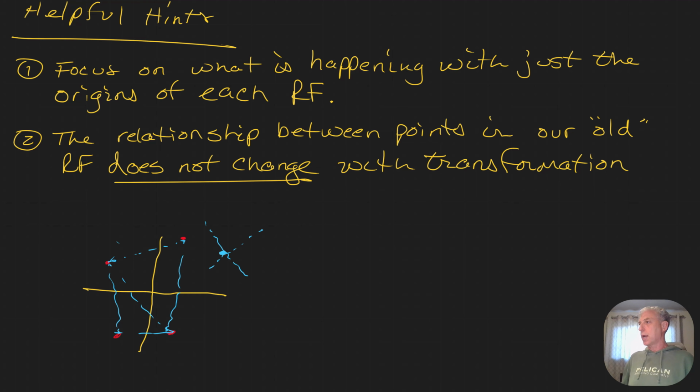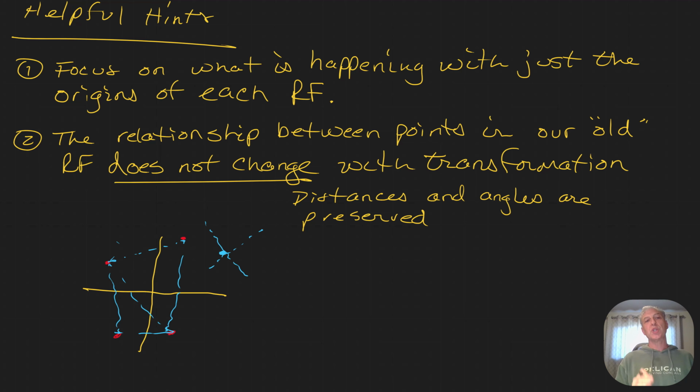So what that really means is distances and angles are preserved. Now, that can change as our transformations get more complex. If we start talking about transforming between map projections, that kind of thing, that can get more convoluted. But for what we're doing right now, distances and angles are preserved.